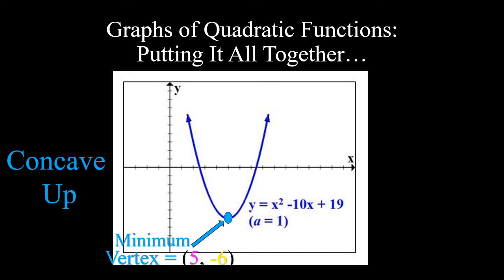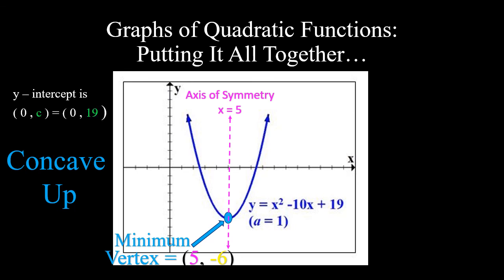We also talked about the axis of symmetry, which is the line that goes through your vertex and cuts your parabola in half. For our graph, our axis of symmetry was the line x equals 5, the same as the x value of our vertex.